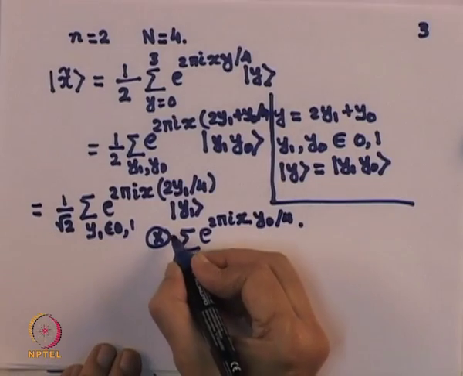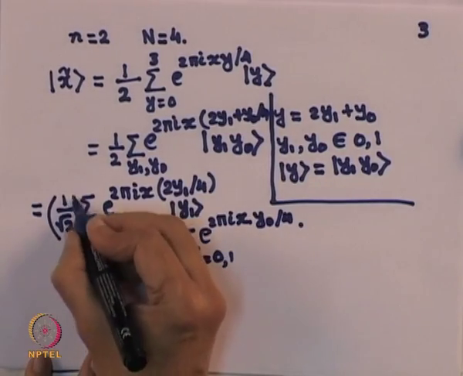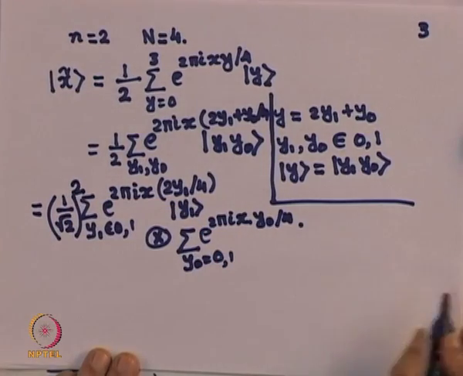And there is a 1 over square root of 2 which is coming along with this. So, since I do not have space there, let me put it like this.